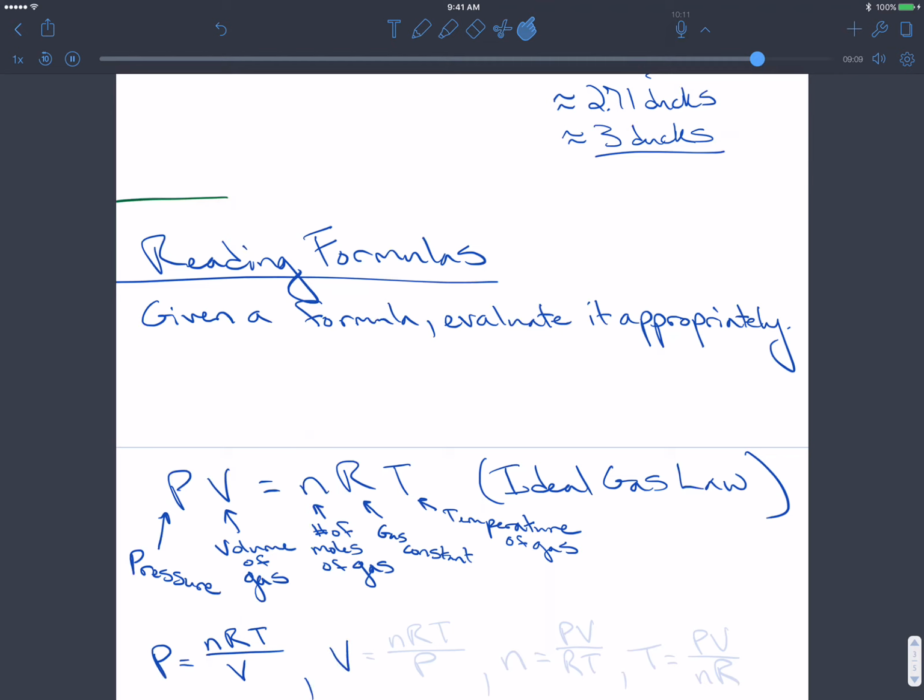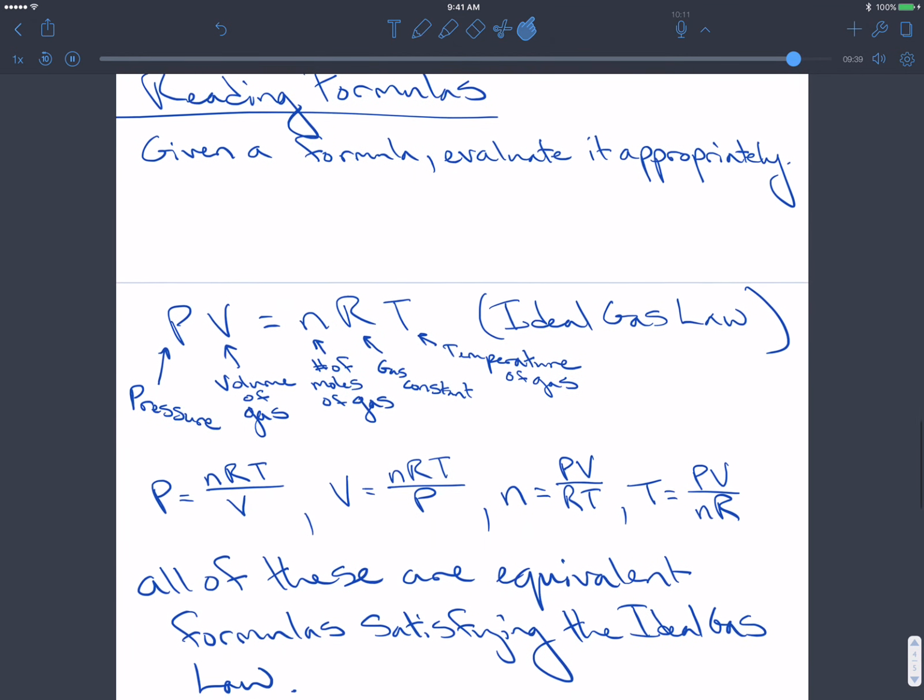V, if I just divide both sides by P, I have V is equal to nRT over P. Similarly, I can find the number of moles, N, by dividing both sides by RT. So I have PV over RT. And if I wanted to determine the temperature, T is equal to PV over nR.